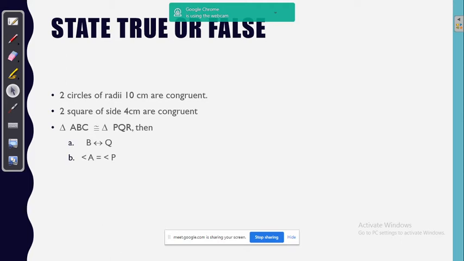Now Geetika, tell me, why do you say this is a true statement? Ma'am, because it corresponds. I didn't hear that. Can you repeat? Yes, Geetika?